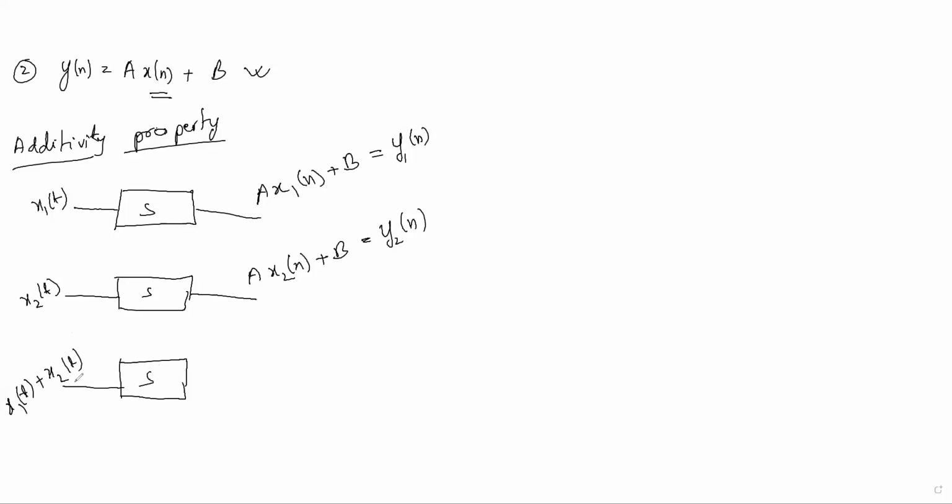If we feed the sum of the signals, then the output would be a into x1 of n plus x2 of n, plus b. We have just replaced the input in place of x of n. Here the input is the sum of the two signals.